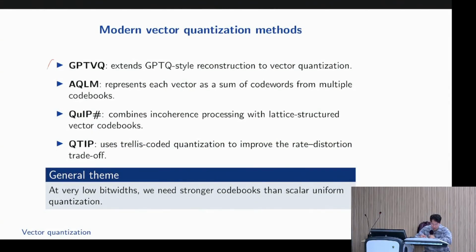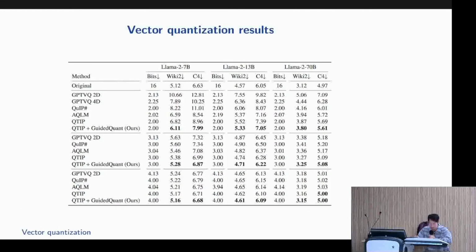There are many different ways to do this, and I'm not going to go into much detail for vector quantization, but we can apply the same idea. The generalization we need to make is to extend the codebook to be vectors, not scalars.